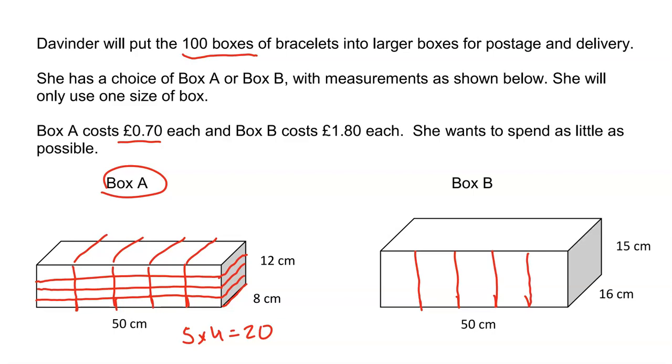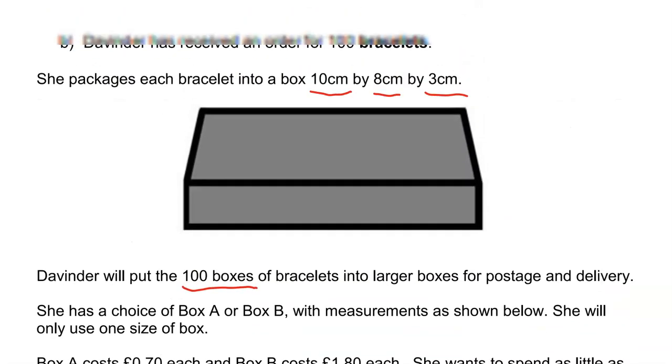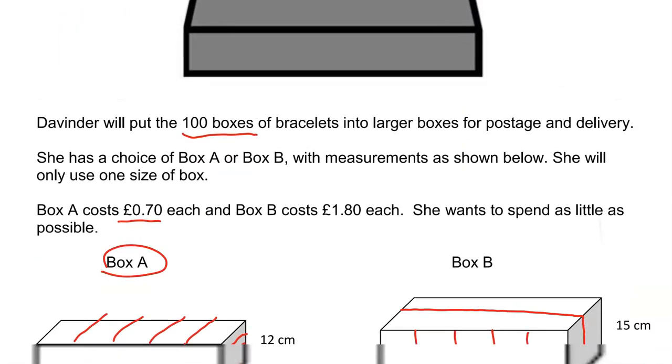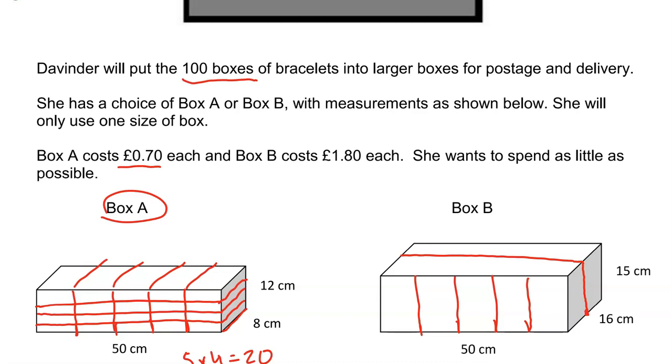And then we've got the width being 8 centimeters, so we can fit 2 of them here, because 8 and 8 is 16. So we can imagine this going across like this, and that the height was 3 centimeters, so that means we can fit 5 of them here.